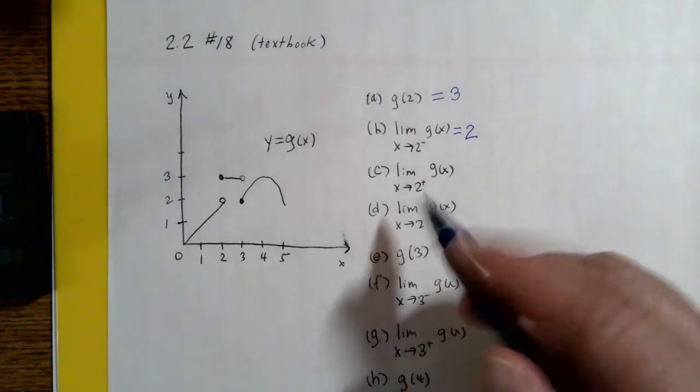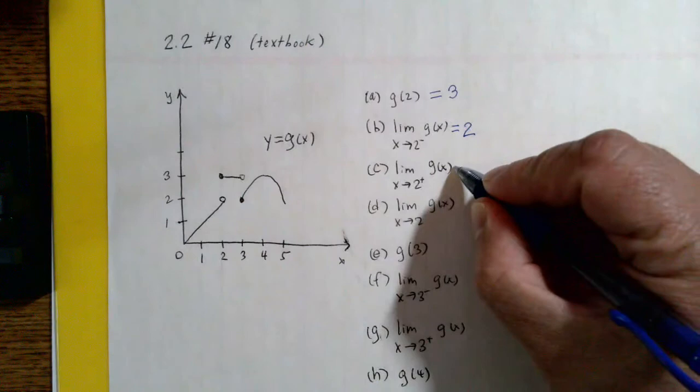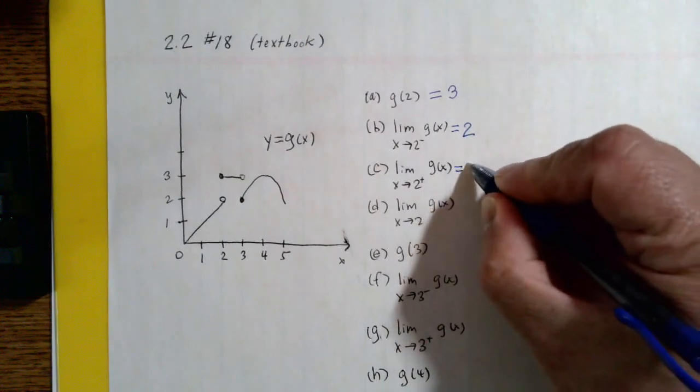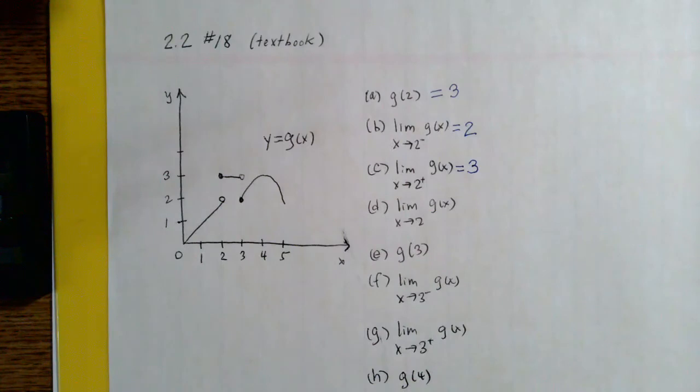So the limit as x approaches 2 from the right is 3. And one thing to always keep in mind with limits is that it's not important where the function actually ends up, or whether the function's even defined there. What's important is where the function is heading.